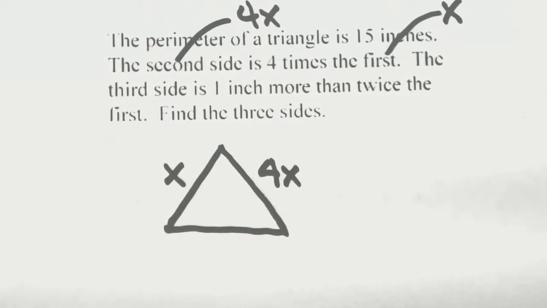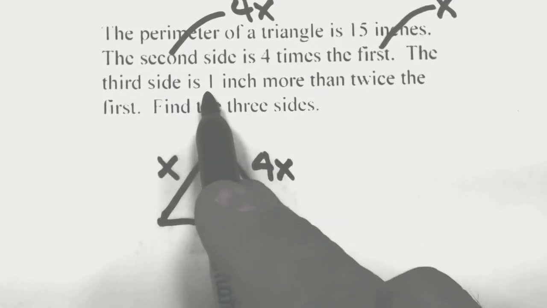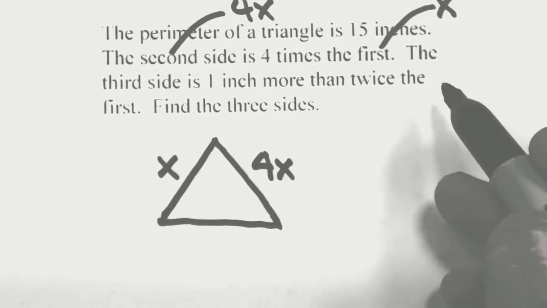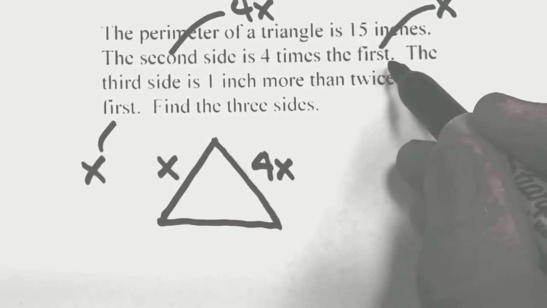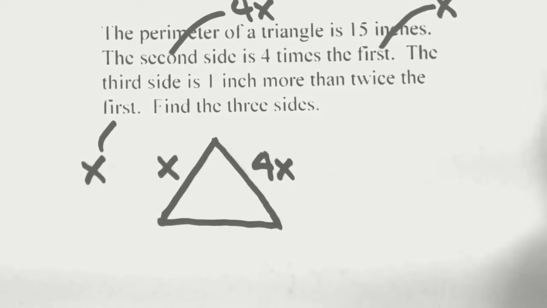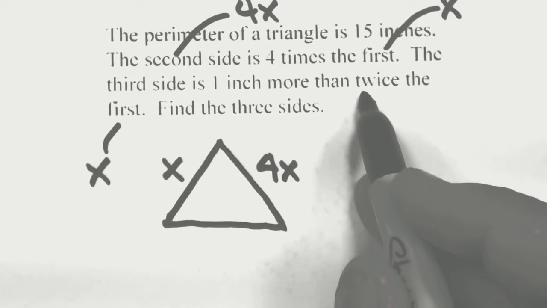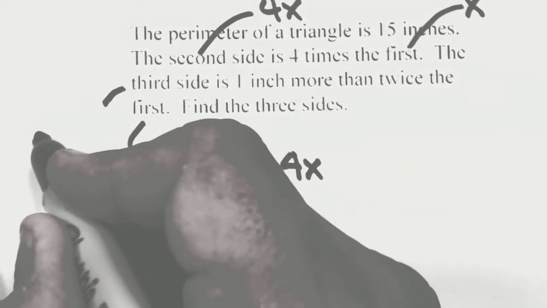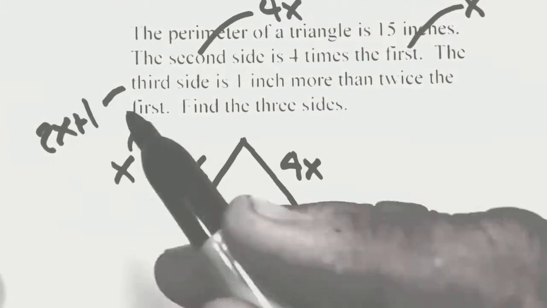Now they've got to tell us something about the third side. Here it is. The third side is 1 inch more than twice the first. Well, remember, we made the first one x from the first sentence, so it's still x. Twice the first is going to be 2x, and then 1 inch more, plus 1.